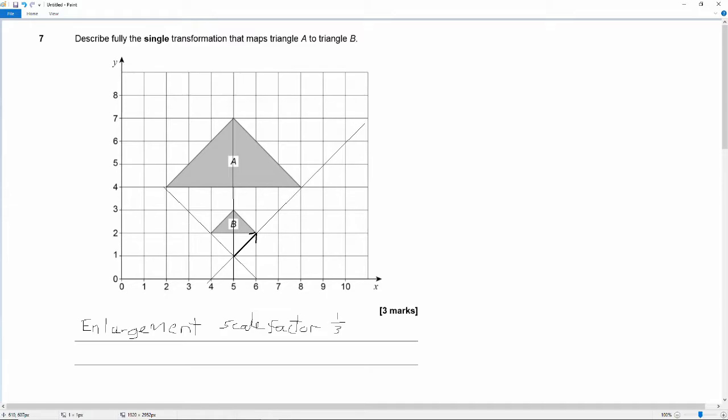And then if I draw my other one, you can see that the vector to A is 3 times bigger than vector B. So what we've done, we've taken the vector for A from the centre and we've multiplied it by 1/3 to get to our vertices.